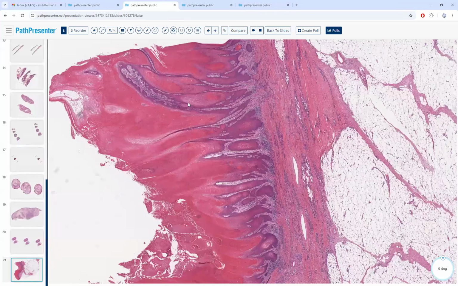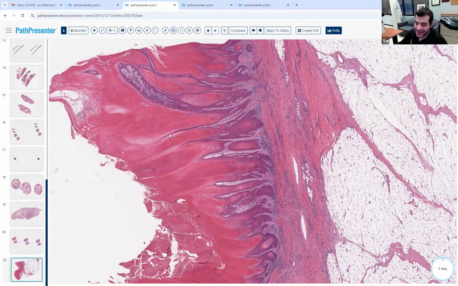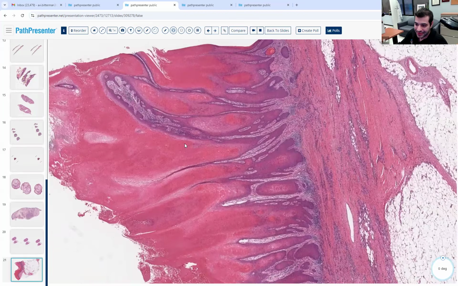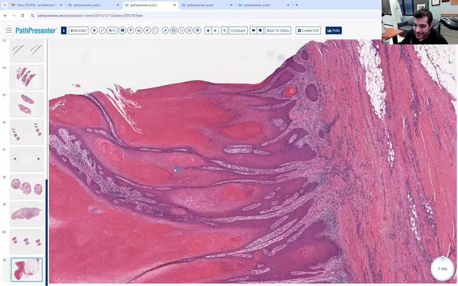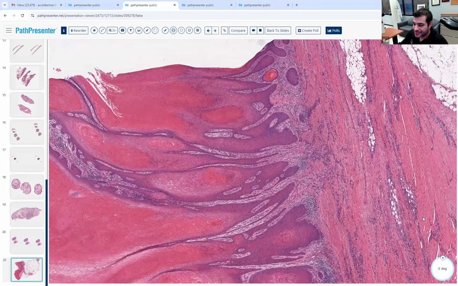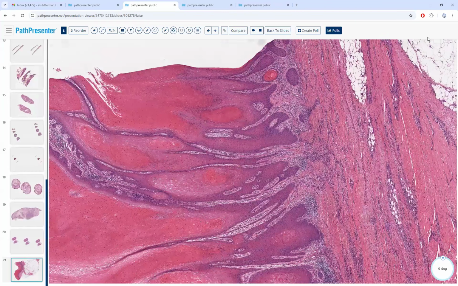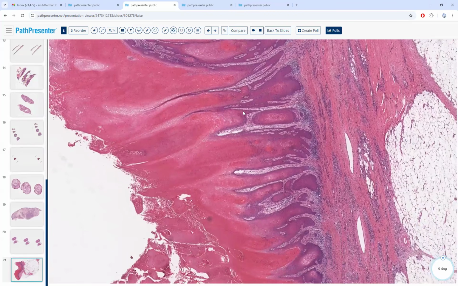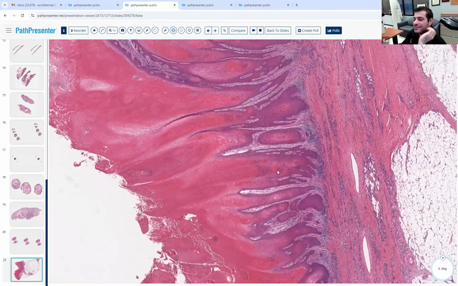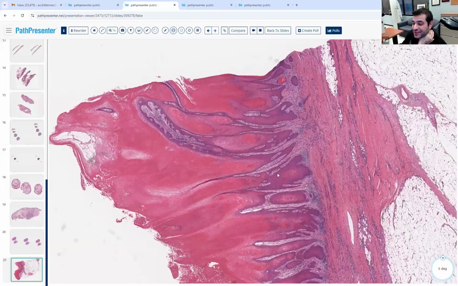Looks verrucous. Yeah, I agree. It looks verrucous. Does it look like just a typical myrmecia wart, like a wart on the foot? No. Okay, so what does it look like? You can describe it.